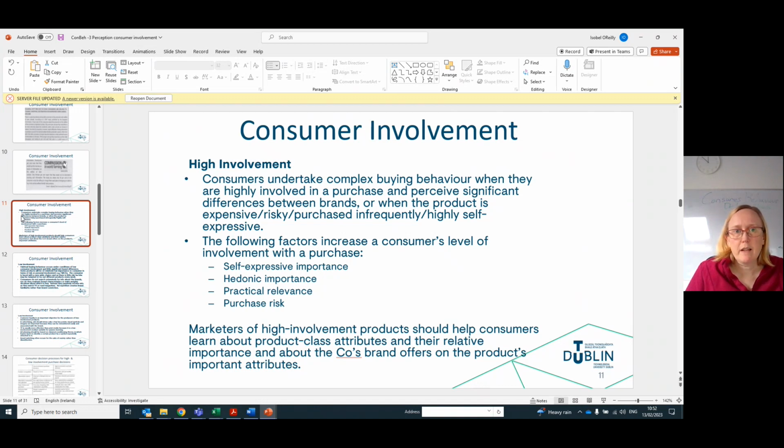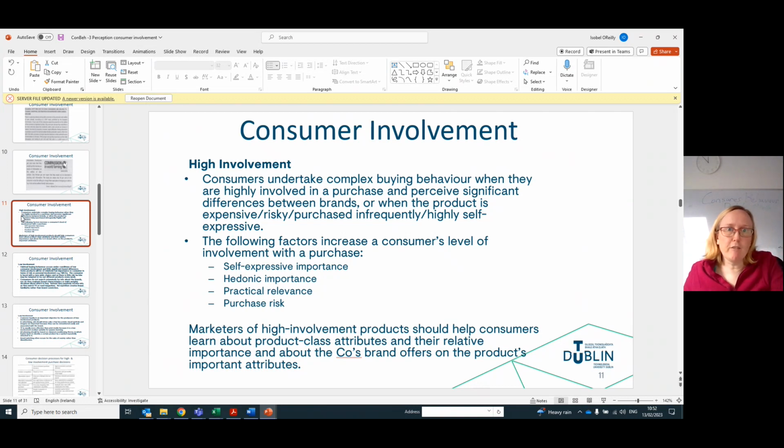Hedonic importance. So we want to spend a lot of money on that holiday because all our friends are going. It's a holiday of a lifetime. It's important from that point of view. Practical relevance or purchase risk. All of these will determine how high or low involvement may be for each individual, and it is a very individual thing.